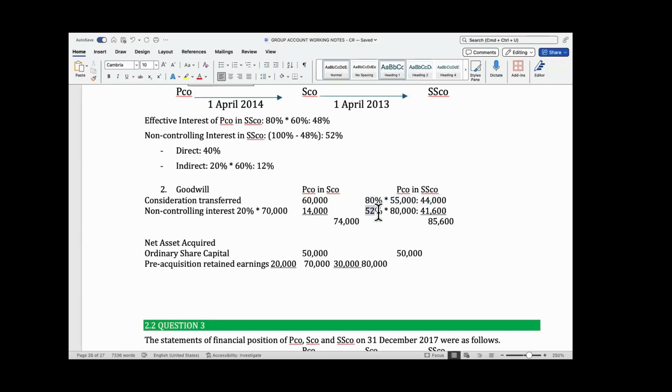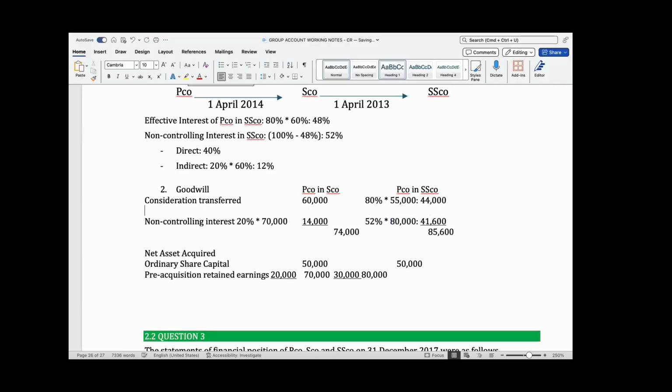Now, the only argument where you can be coming up with 20% is if we were doing 20% of 55,000, not 20% of 80,000. So the argument I would have expected is for you to look at this deep down: instead of just saying 52% of 80,000, what if we say NCI should suffer 20% of the remaining 55?